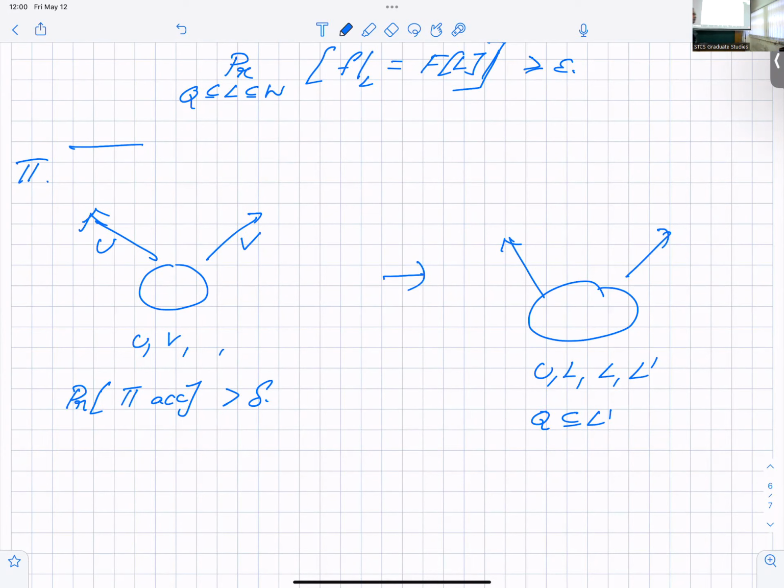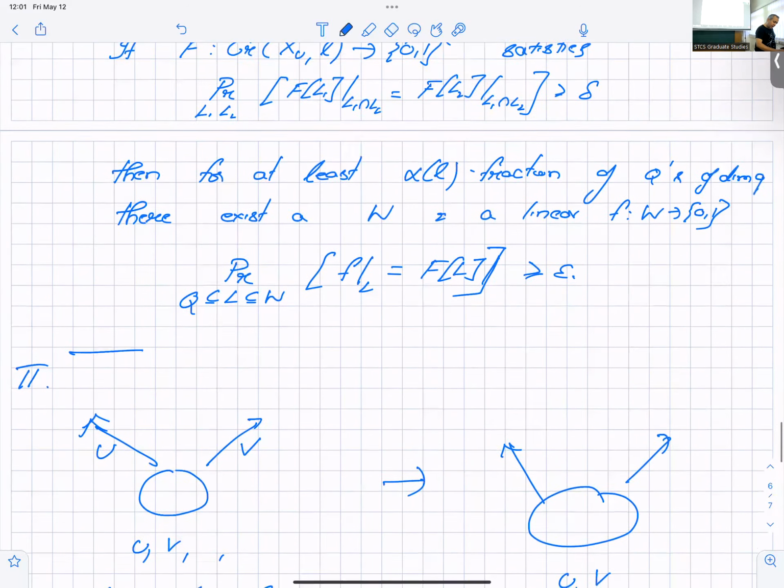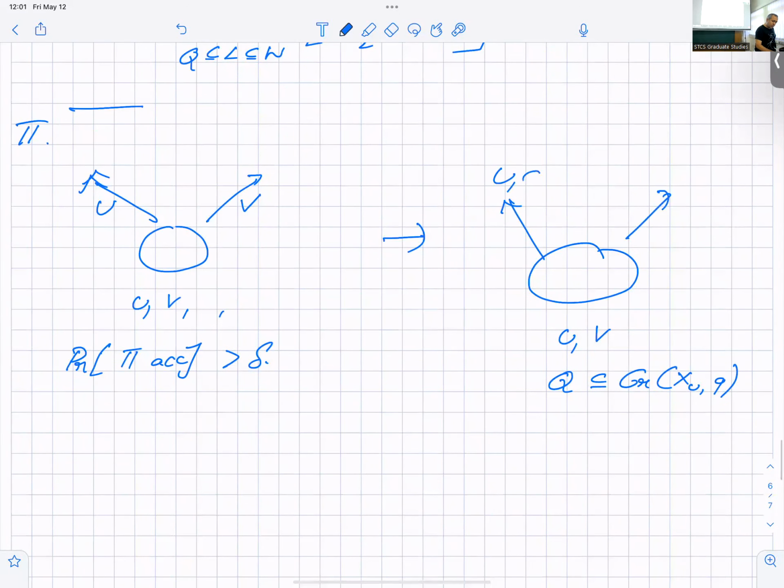Now what they do out here is I'm going to pick U, V and also Q contained in Grassmann of X_U of dimension Q. So there's alpha fraction of Q of dimension Q. And they're going to give U comma Q and V comma Q.